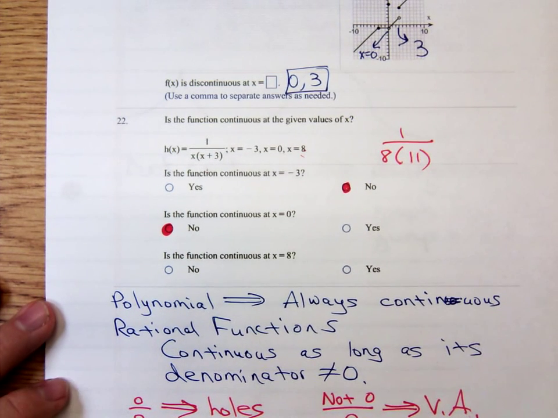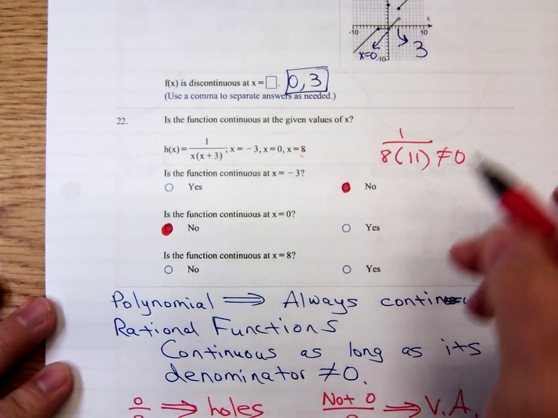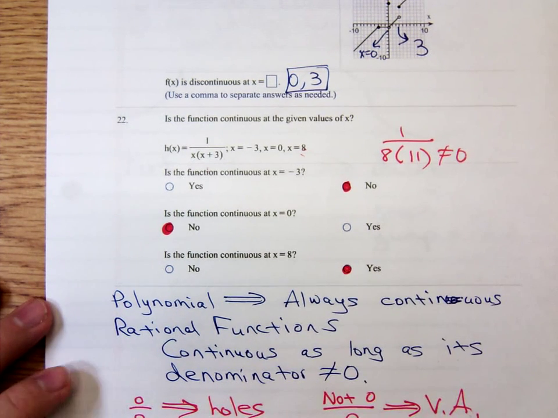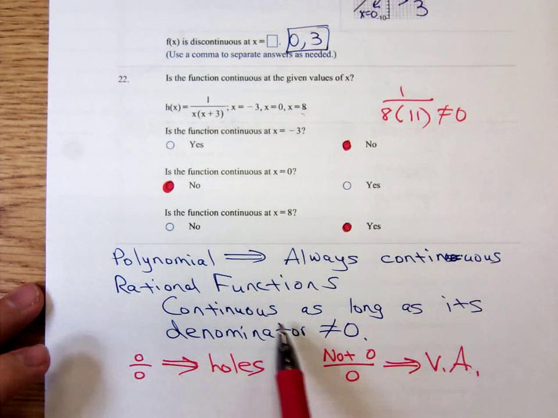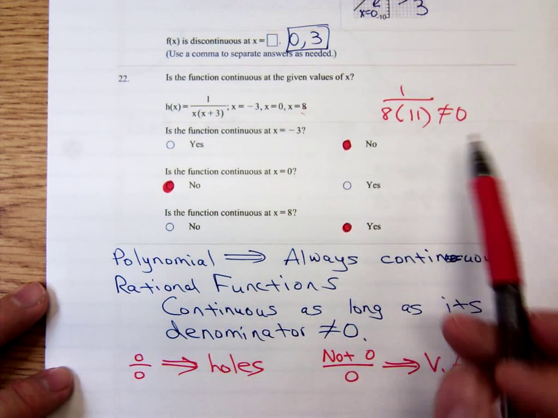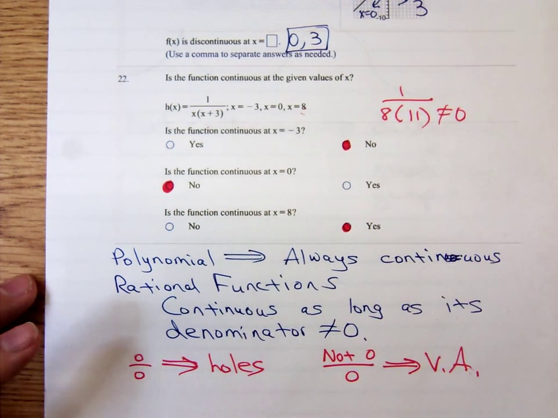Do you get a denominator of 0? No, that denominator does not equal 0, so yes, the function is continuous at x equals 8. It's continuous as long as its denominator is not equal to 0. When you plugged in 8, the denominator wasn't 0, so the function's continuous.